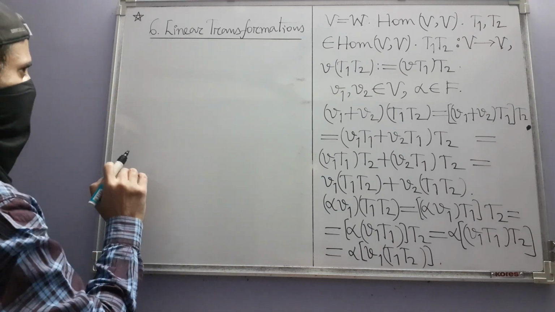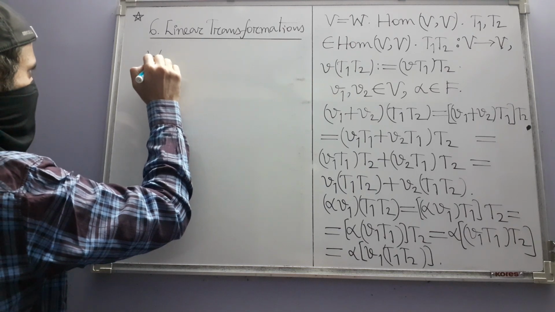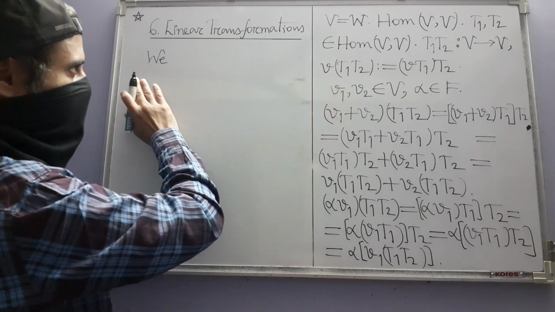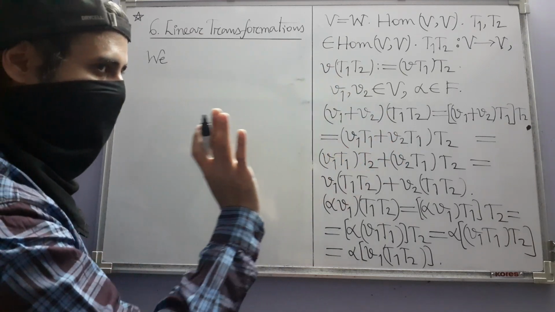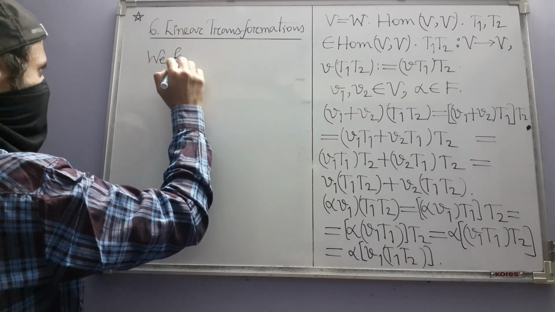Now we start from here. I'm not again going to write those things. Let V be a vector space over F. We understand that those things are there in the background. So instead we write like this.